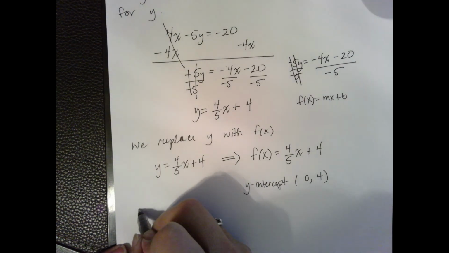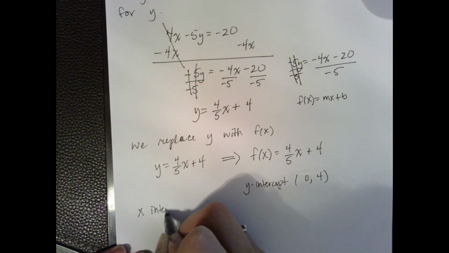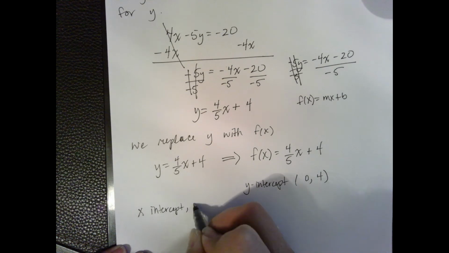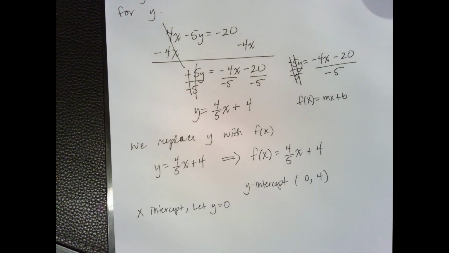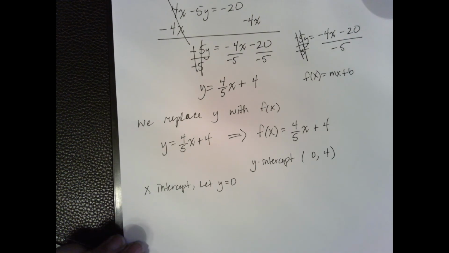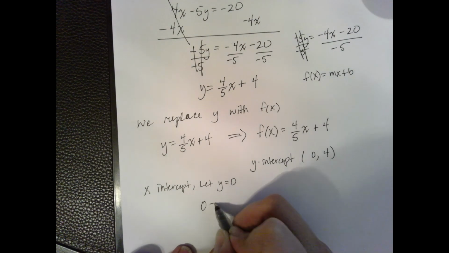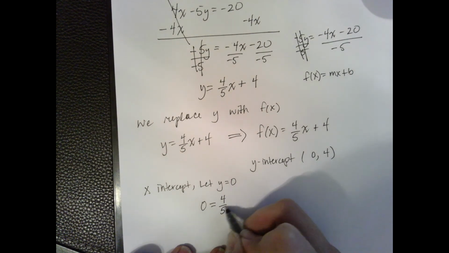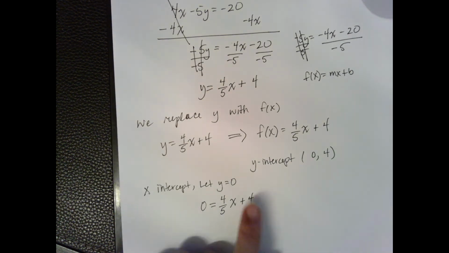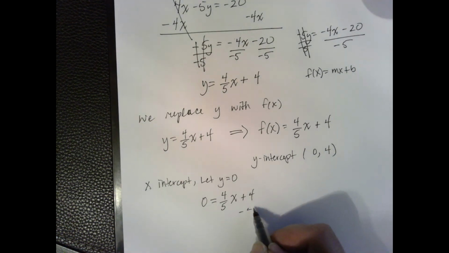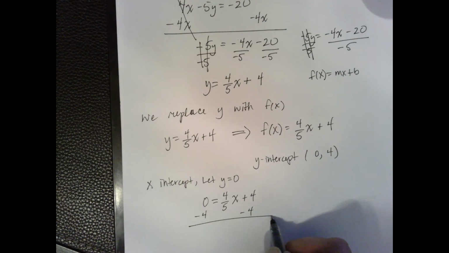For my x-intercept, we let y equal 0, and since f of x is y, we're going to say 0 equals 4/5 x plus 4. To solve for x, I need to subtract 4 from both sides. Minus 4, minus 4.